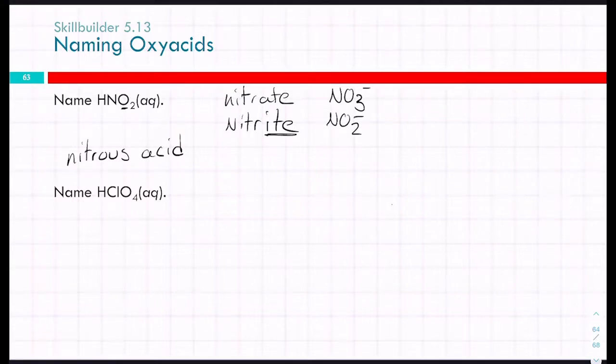The base form for an oxyanion formed from chlorine is chlorate, and that's ClO3 minus. Because we have one more oxygen than the base form, perchlorate.